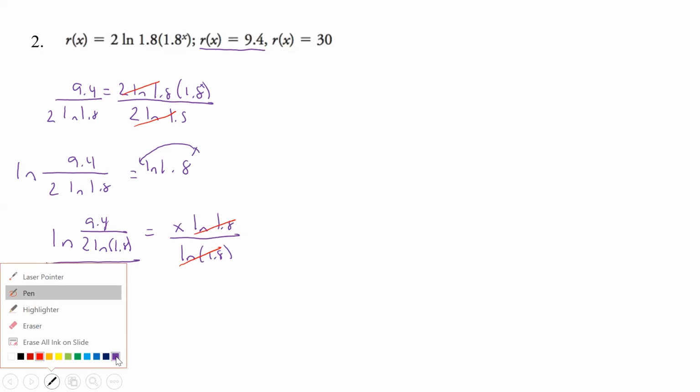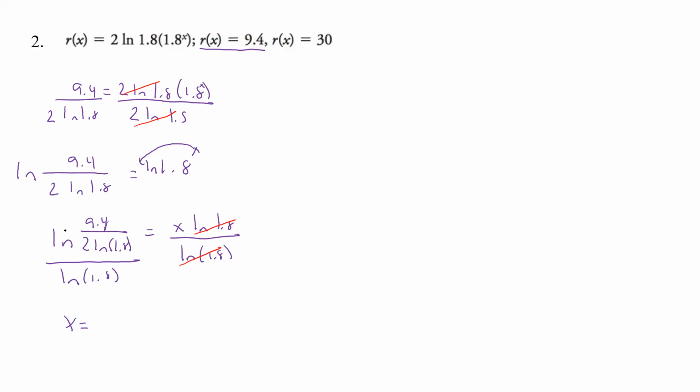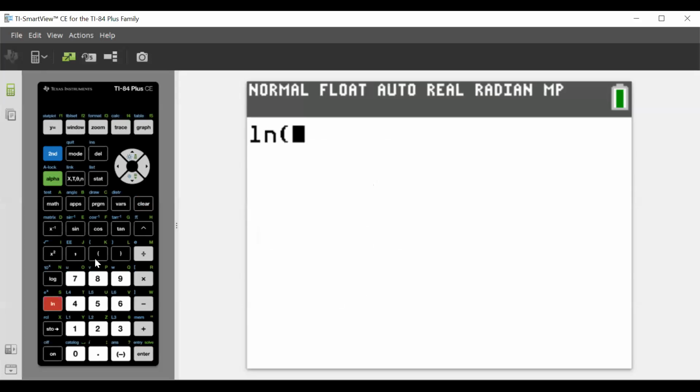And so we're going to get x is equal to, now we have to type all of this into our calculator. So we're going to have the ln of 9.4 divided by 2 ln of 1.8, and then divided that by ln of 1.8. And so hopefully I can type all that into the calculator. All right, let's clear that. And so now we're going to take ln, and we'll have 9.4 in the numerator, divided by 2 ln of 1.8 in the denominator.